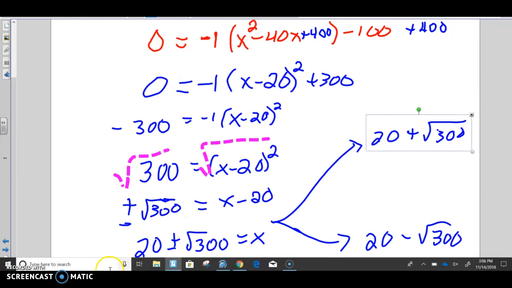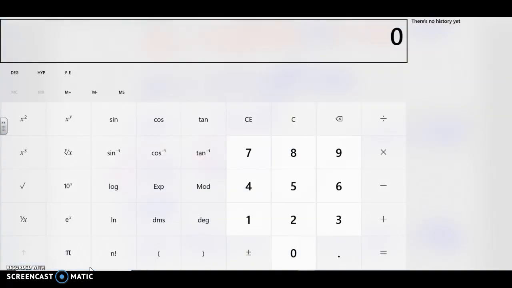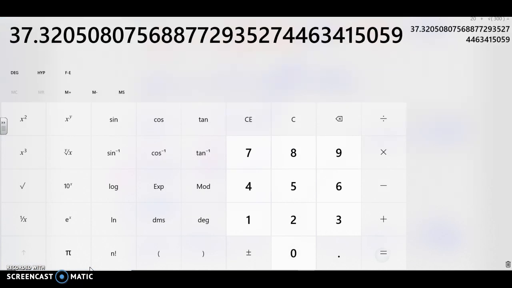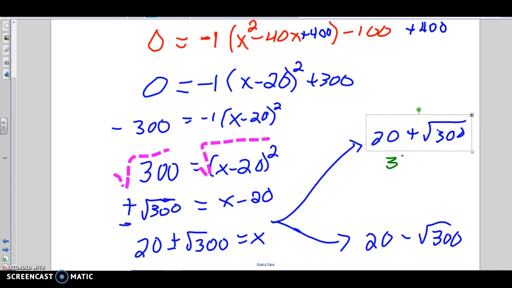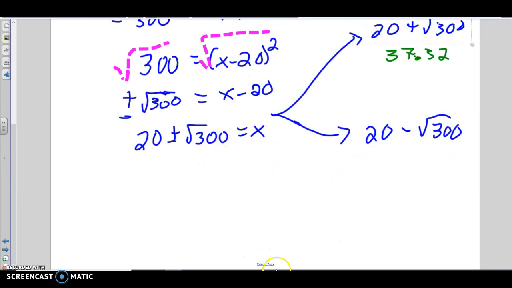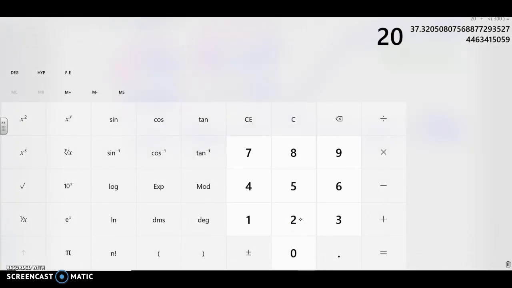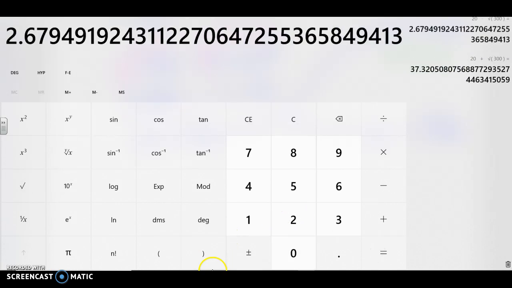So I will go back to the calculator for that. 20 plus the square root of 300 is 37.32. And 20 minus the square root of 300 is going to be 2.68.